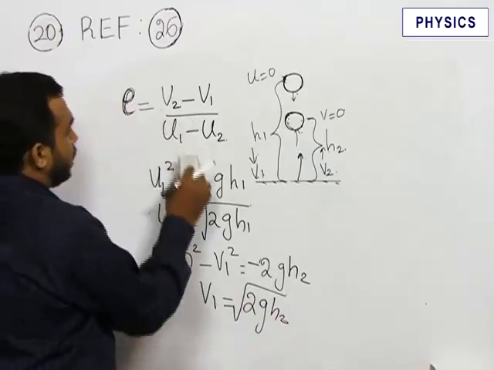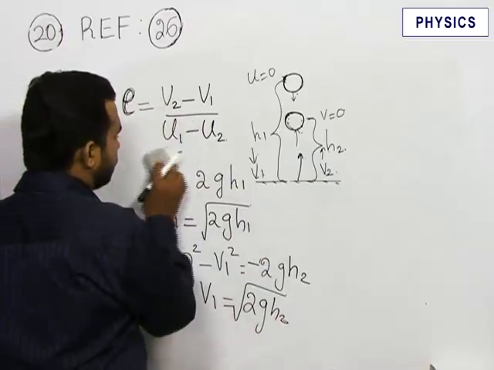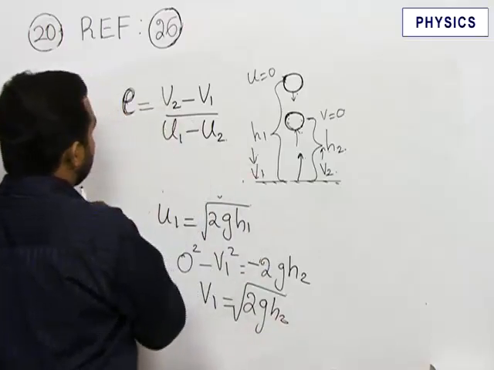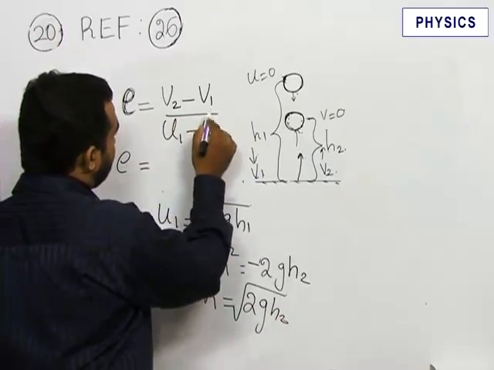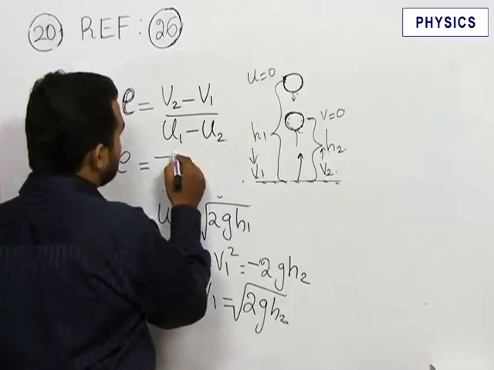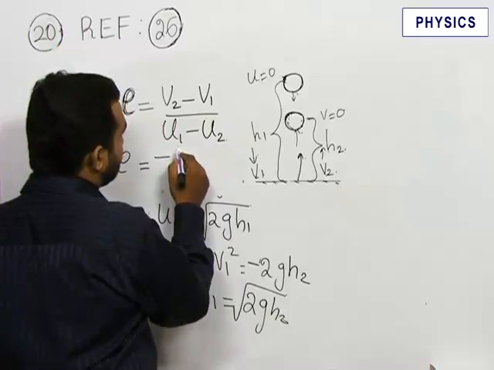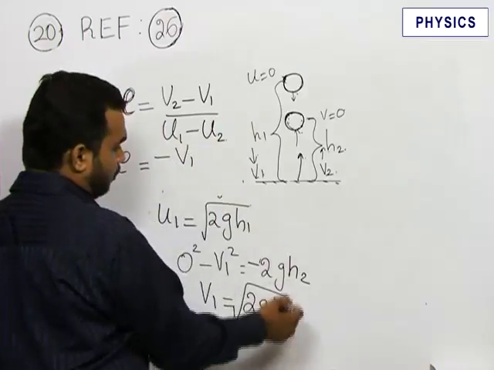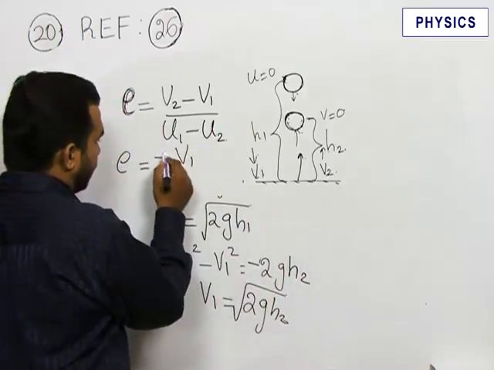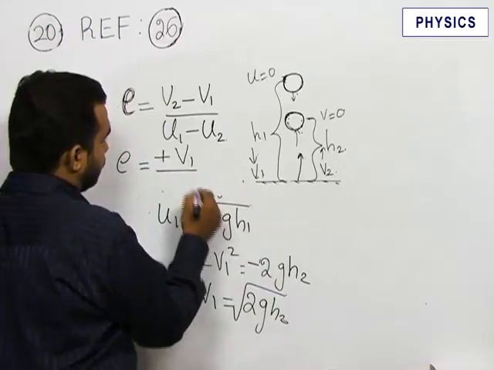Now putting these values in the equation for e, we can write e as minus the first body after collision, that is v1, but because it is in the opposite direction I can put again a negative, it will become plus, divided by u1.